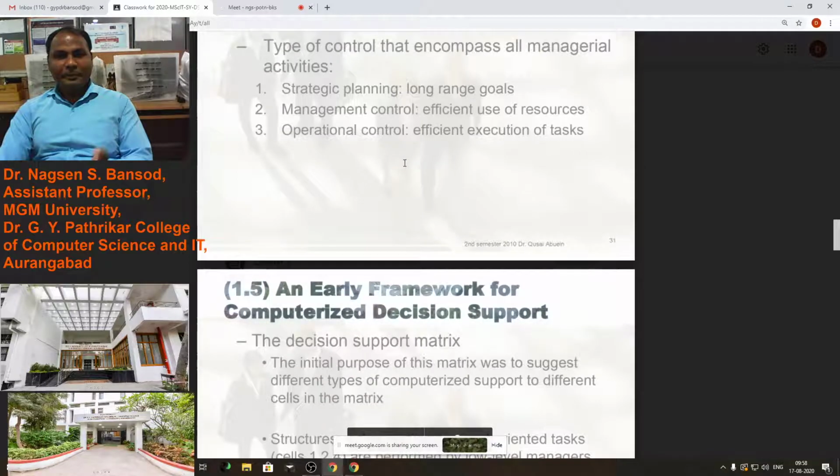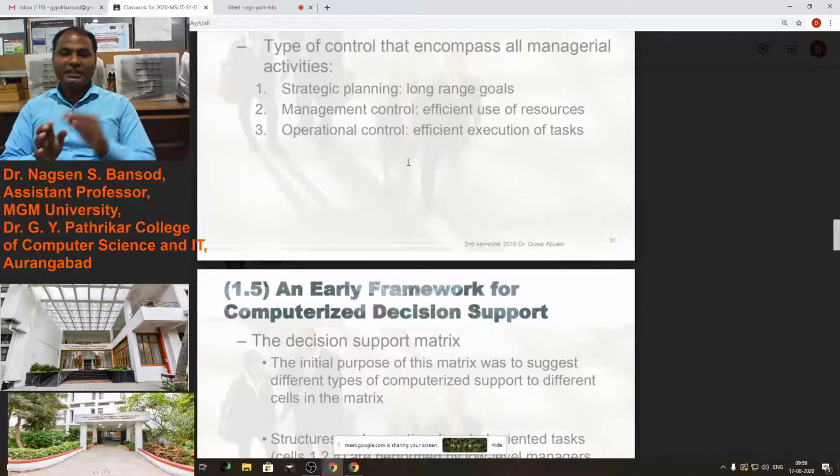Operational control is efficient execution of the task. All the tasks should happen efficiently and effectively. Everyone should work. Suppose there are 50 employees working under your managerial control, then all those 50 employees should do their own work properly.